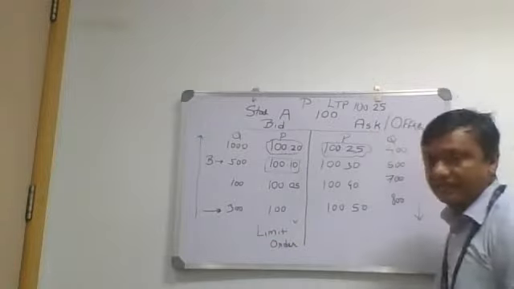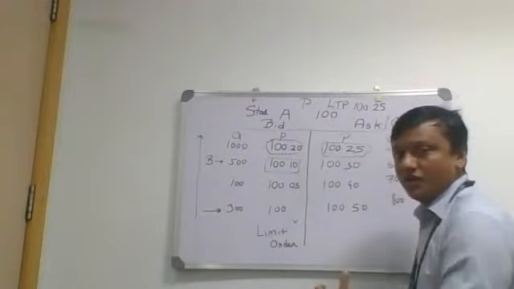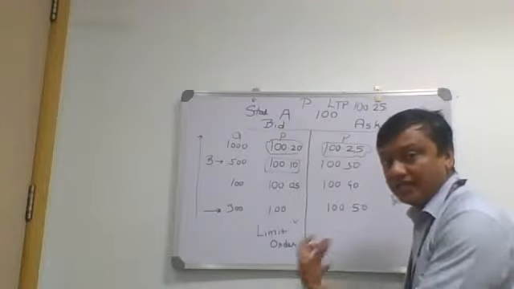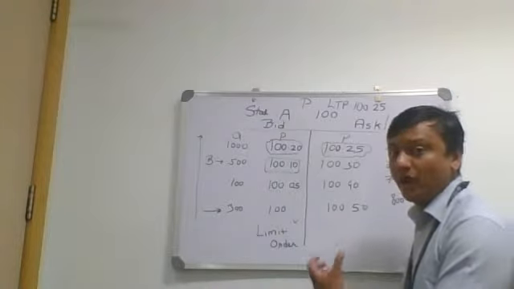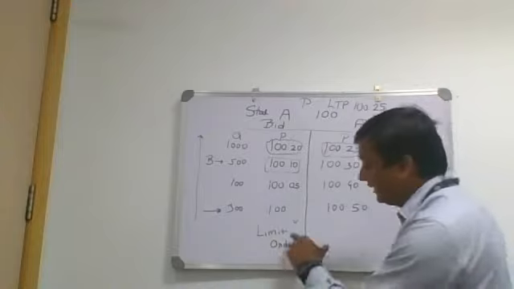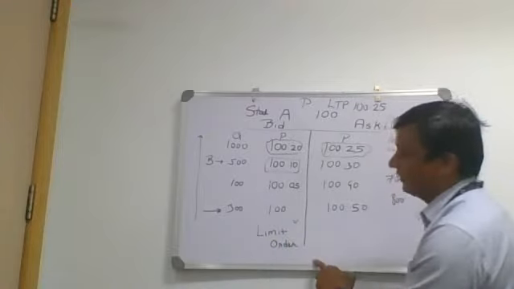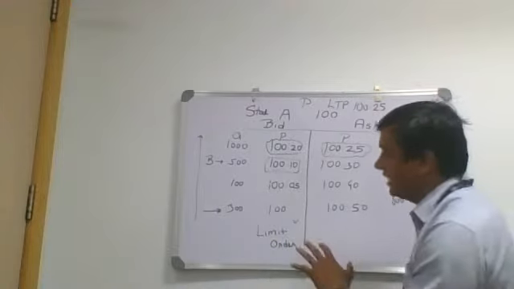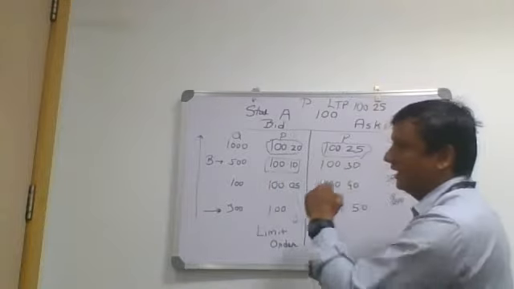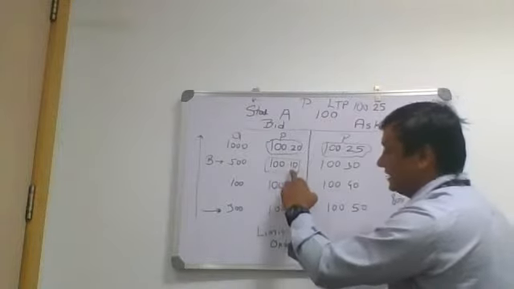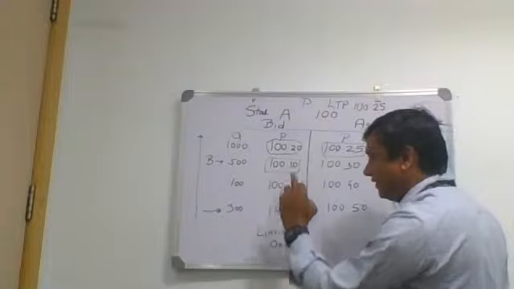So if you place an order for the price which you are willing to buy or sell, that type of order will be called a limit order. Okay, so in this case, if I want to buy the stock at 100 rupees 10 paisa, I will place a limit order for that.